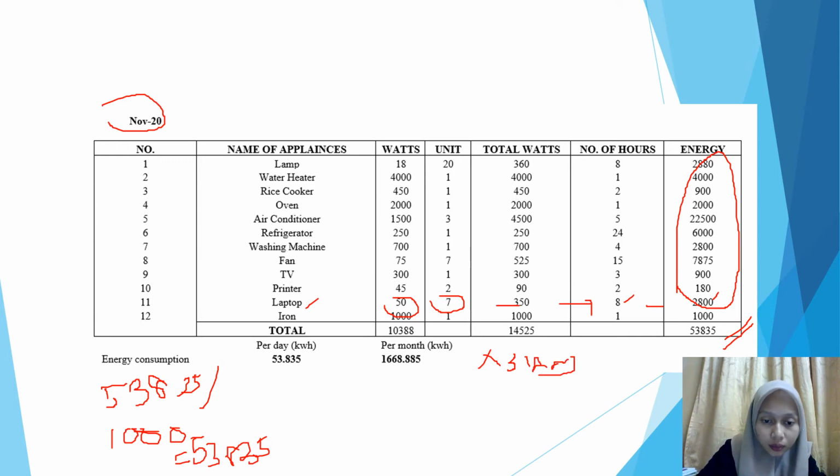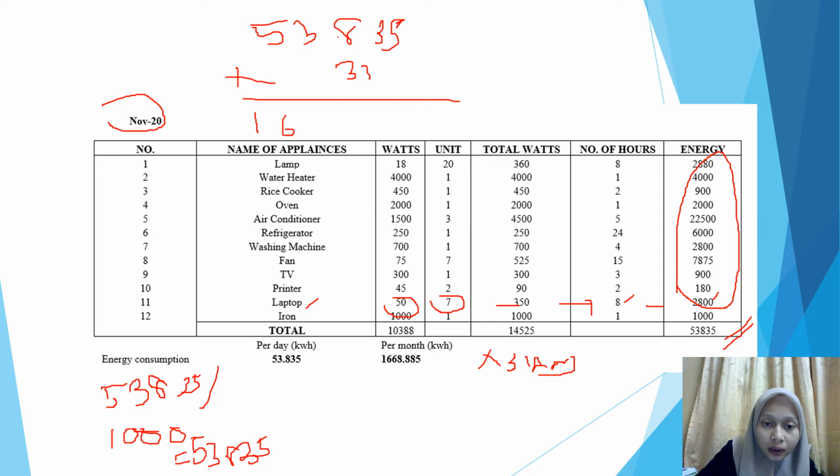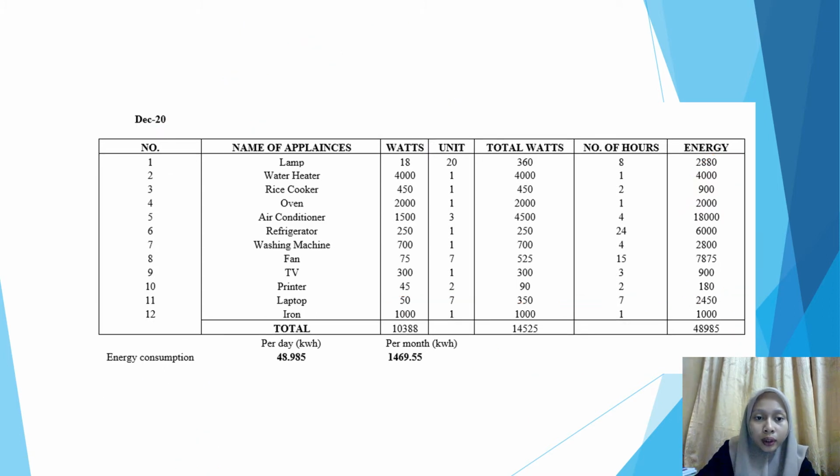So just multiply 15.835 times 31 days, and we get 1,616.885. Next, we proceed to another month.